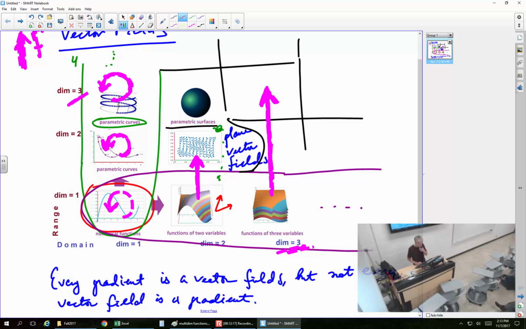Okay. So there is another relation. The relation between the two main topics and the third, vector fields, is number one this. But we can also connect this to parametric curves. Do you see the connection here? Vector field on the right, that cell, and parametric curves here.